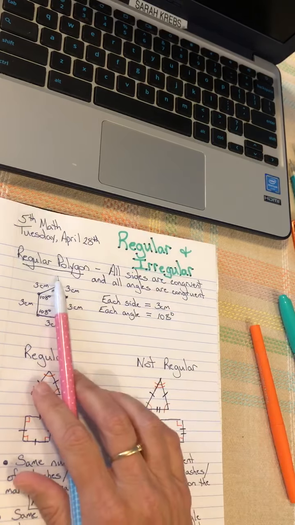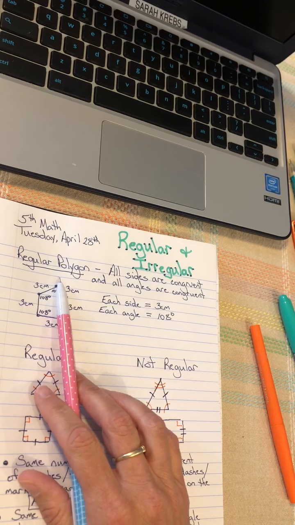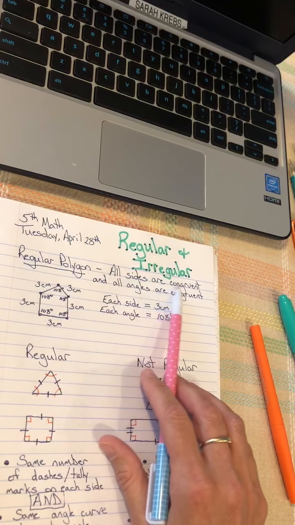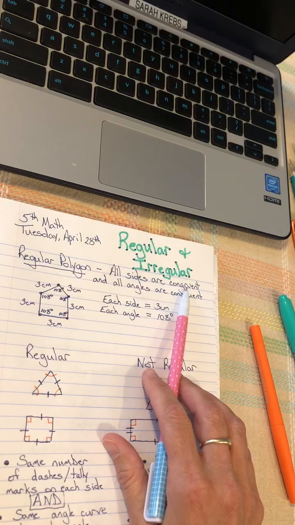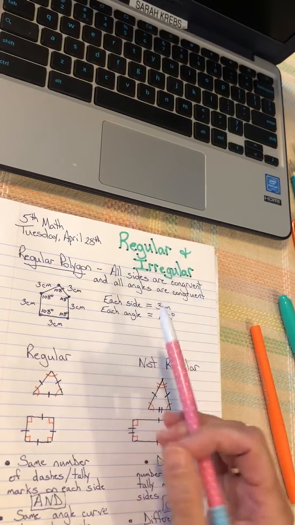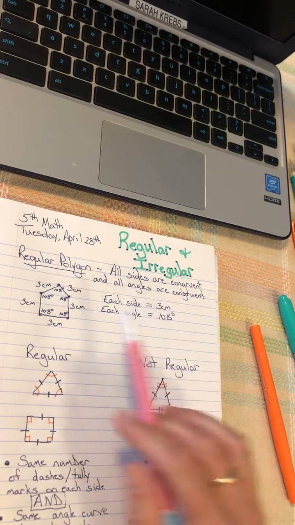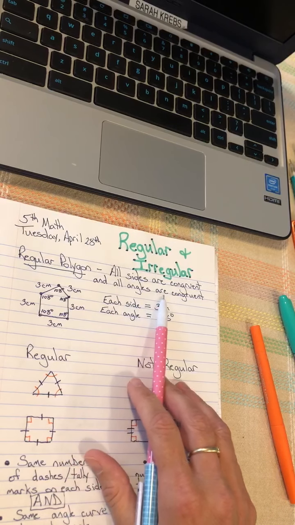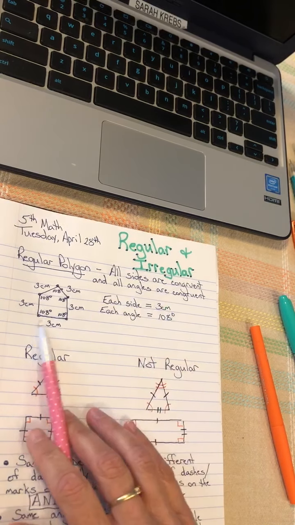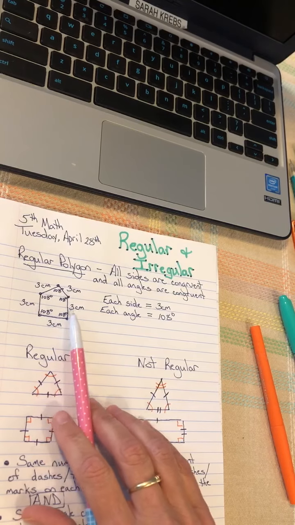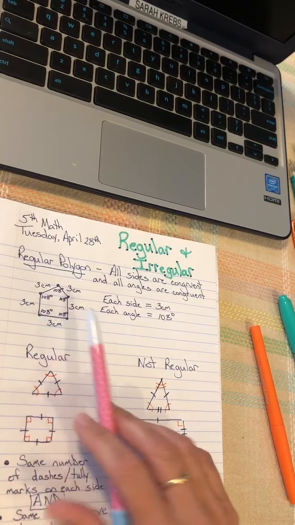Here's the definition of a regular polygon. All sides are congruent. In geometry, congruent means equal. And all the angles are congruent. So if we look at this pentagon, it's a five-sided figure.